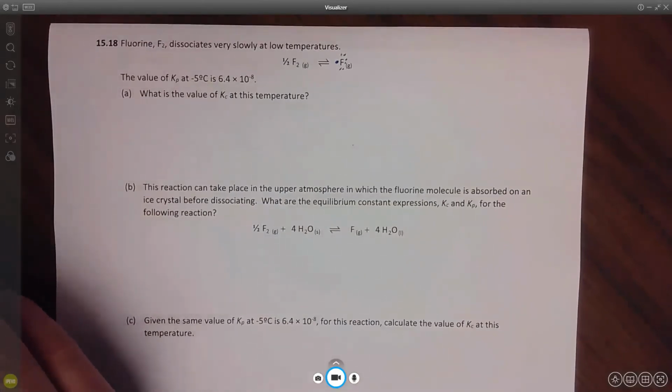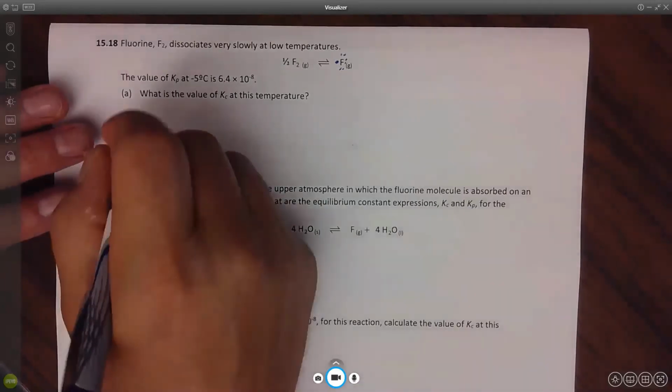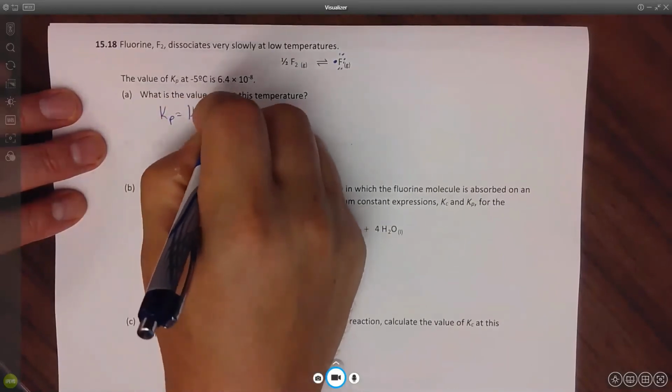So Kaylee, what equation, concept, idea, how am I going to go about solving this? You're going to use the equation that has Kp equals Kc, and then RT.